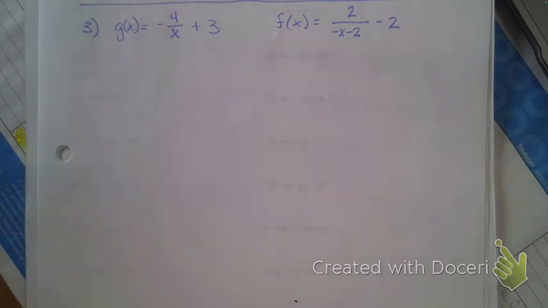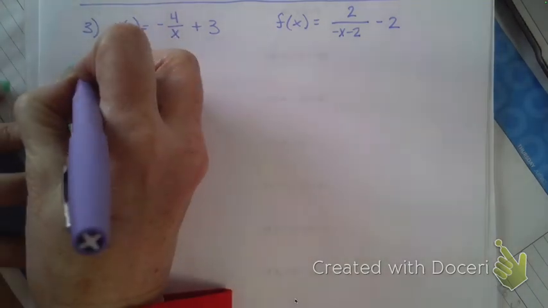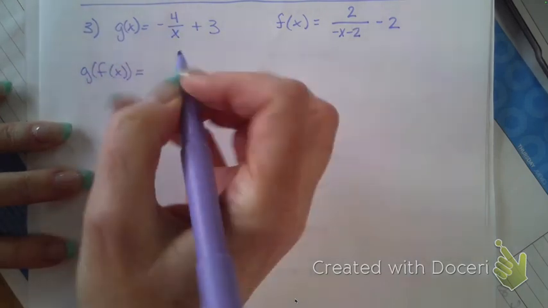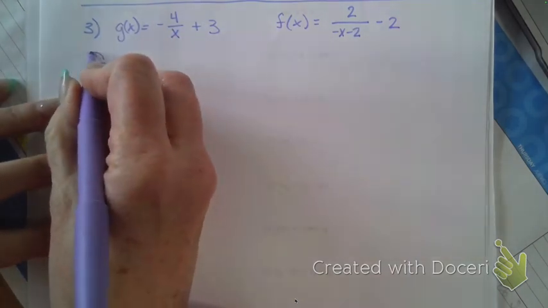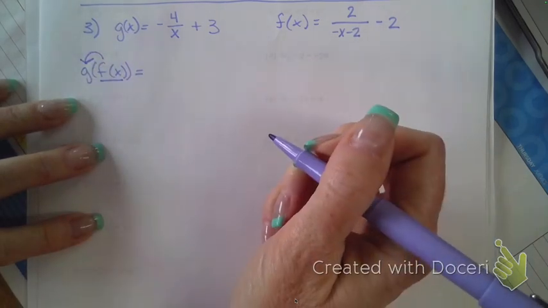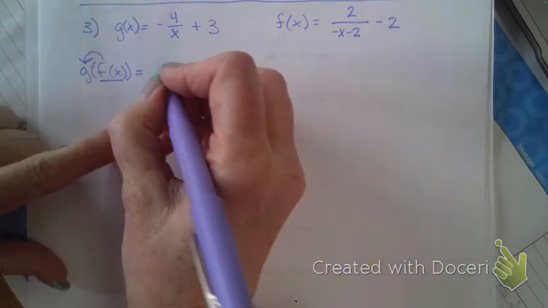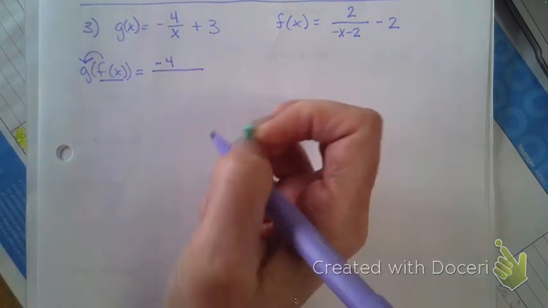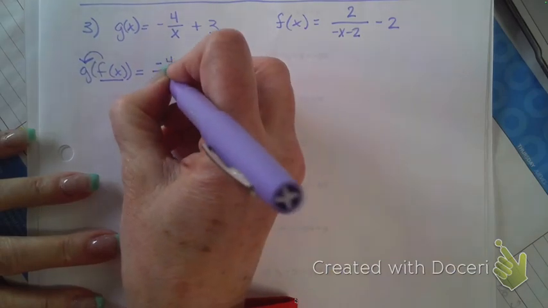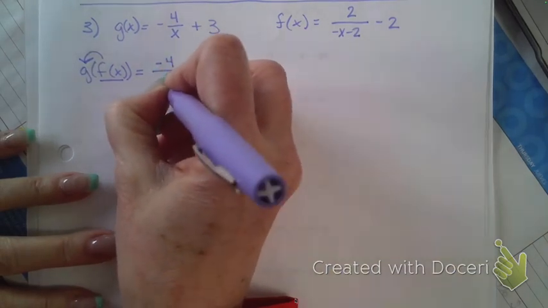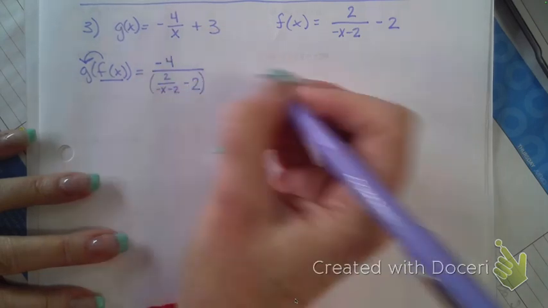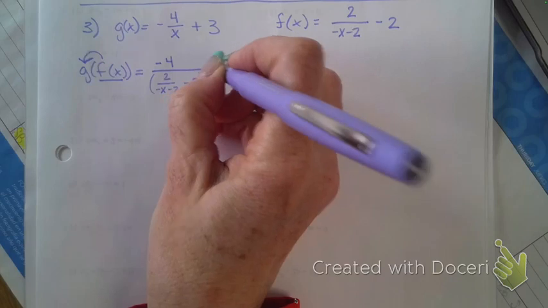Okay, do g first because it came first. So g of f of x. That tells me I'm putting f into g. So negative 4 over x, but what is x now? 2 over negative x minus 2, parenthesis, plus 3.